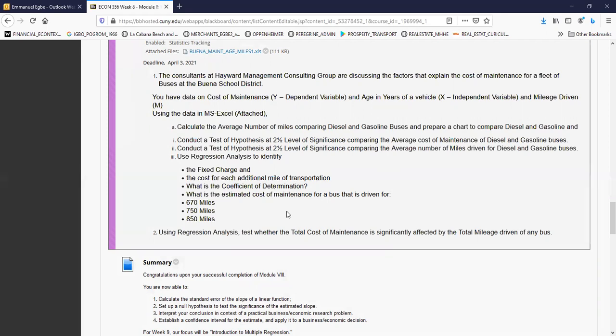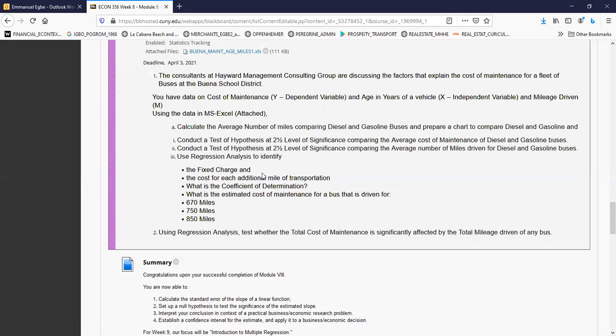Okay. Now the thing is, first of all, you have to estimate a regression line. You find the intercept and you find the slope, and then using the intercept and the slope, you can estimate what it will cost to maintain a bus that has driven 670 miles or 750 miles or 850 miles.